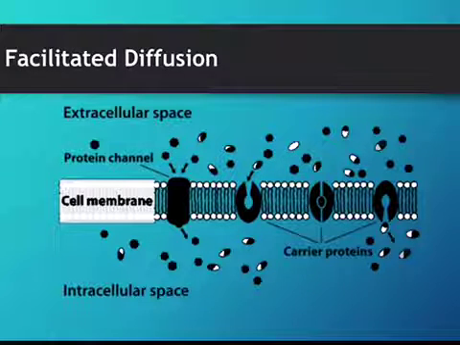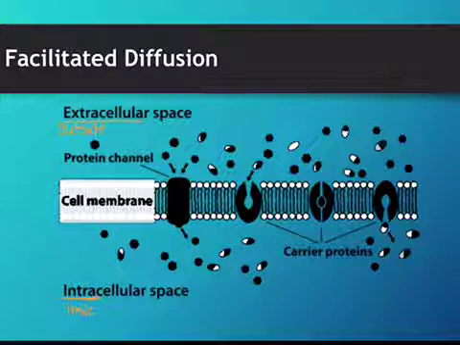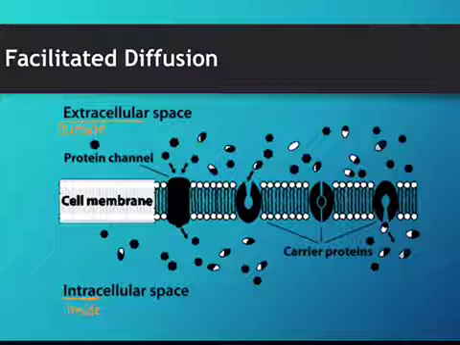So here's a diagram showing you facilitated diffusion. Remember to look, our extracellular space tells us we're outside the cell. Intracellular space tells us we're inside the cell. And so this first one is a channel protein.